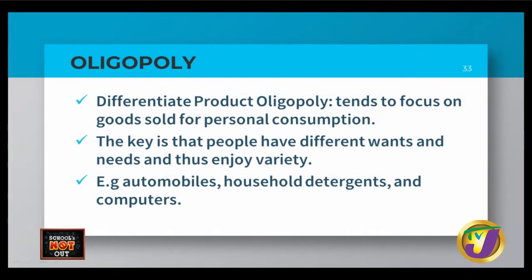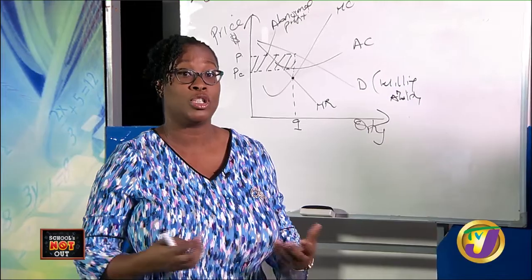Then you have the differentiated product. So it tends to focus on goods that are sold for personal consumption. What you find is that persons have different wants and needs, and they like certain variety. So an example of a differentiated product would be automobiles. So we have the car industry. We have our Toyota.